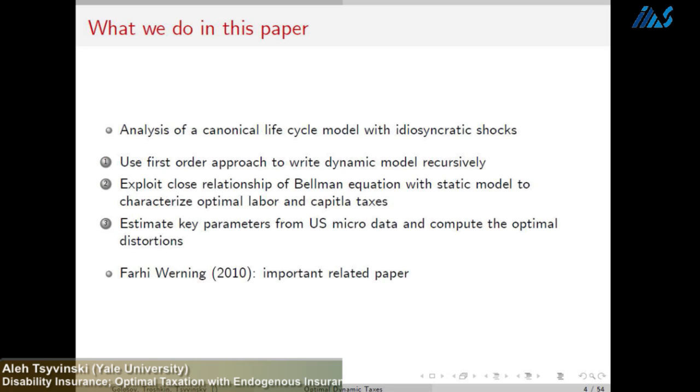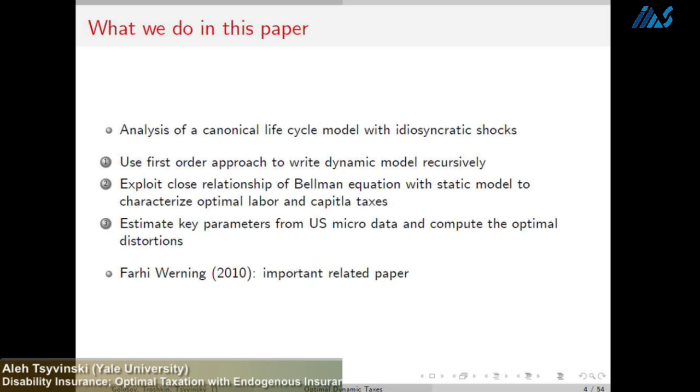What the first-order approach gives you is a very nice recursive formulation to write this problem in a manageable form that is amenable to analysis, and that can also be solved on a computer for models which are not just very special cases of general shocks.